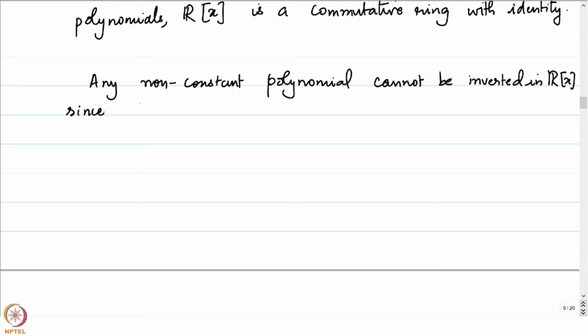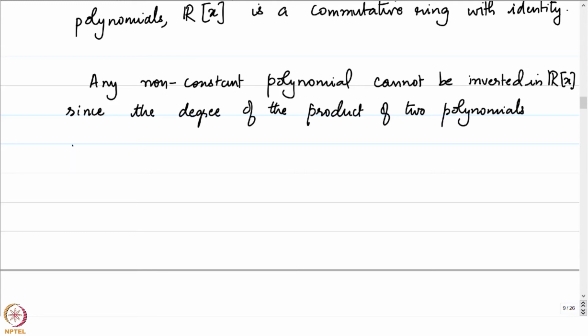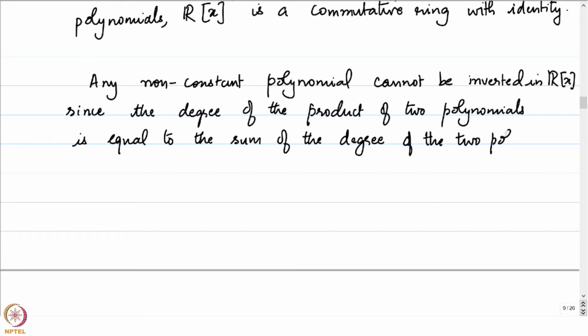Since the degree of the product of two polynomials is equal to the sum of the degrees of the polynomials, and the degree is always a non-negative number, non-constant polynomials can never have an inverse. Alright, so this is a commutative ring which is not a field.